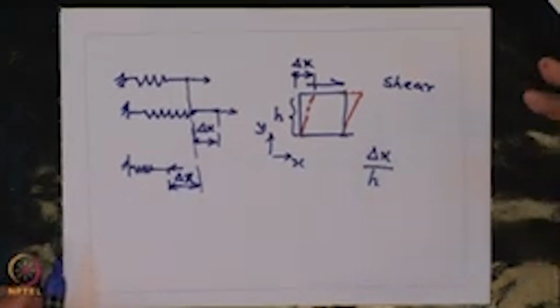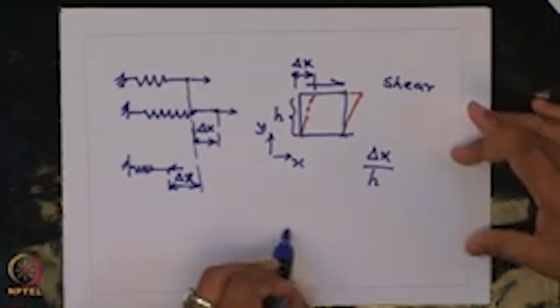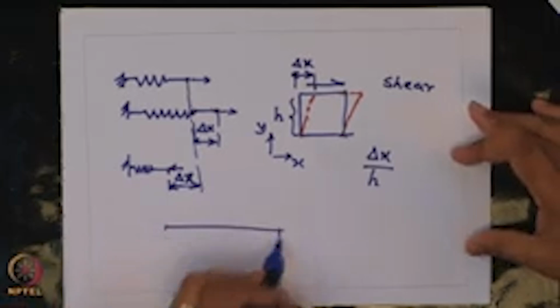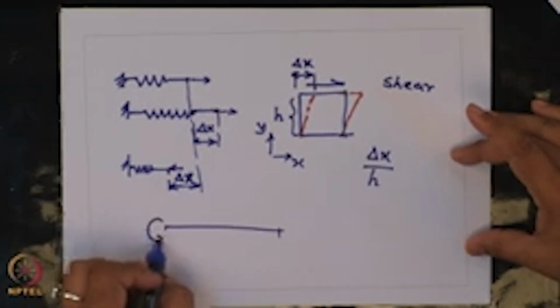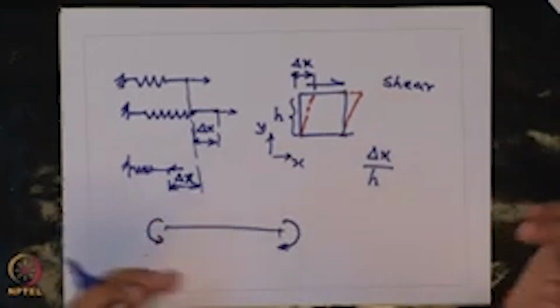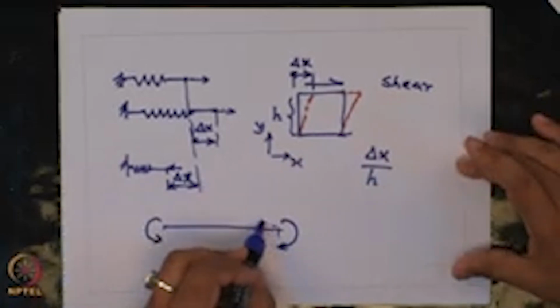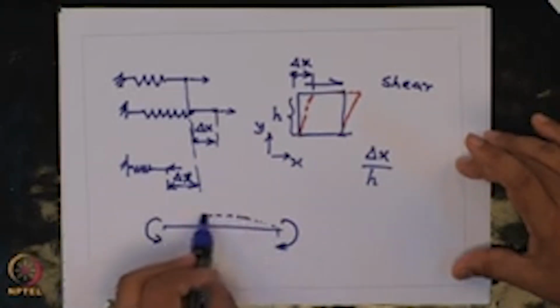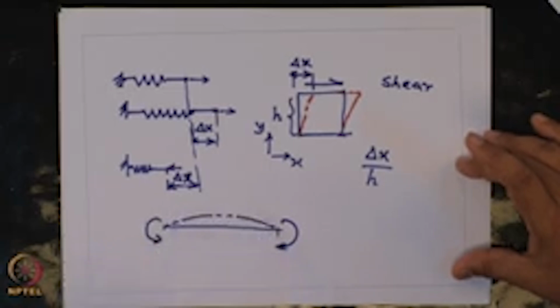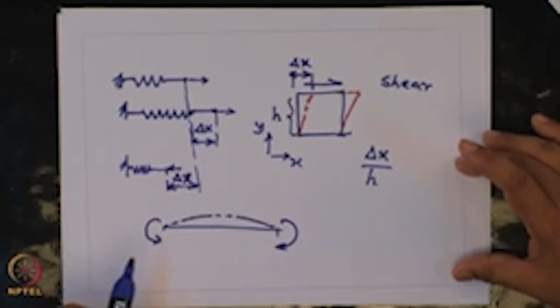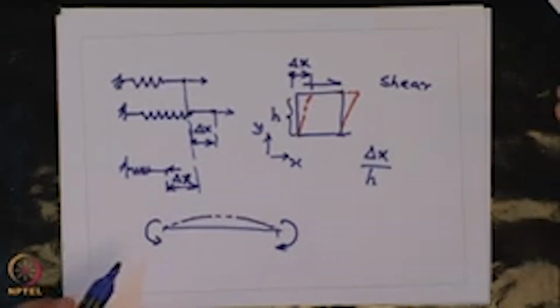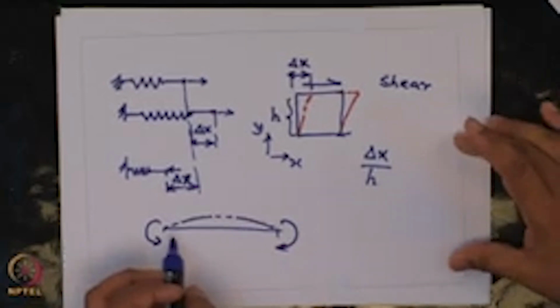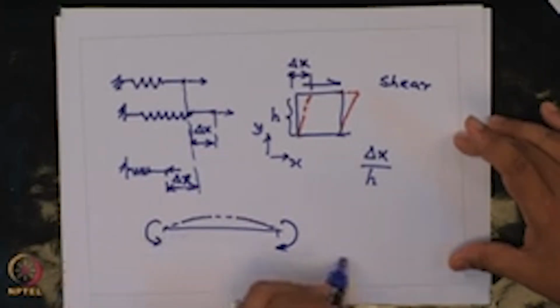And you can have something like bending. If you take a long object and exert forces which try to bend it, it will have a configuration like this. This is an example of bending. Similarly, this bending can happen as a consequence of compressive forces also.